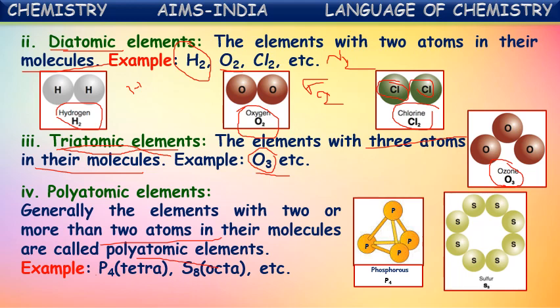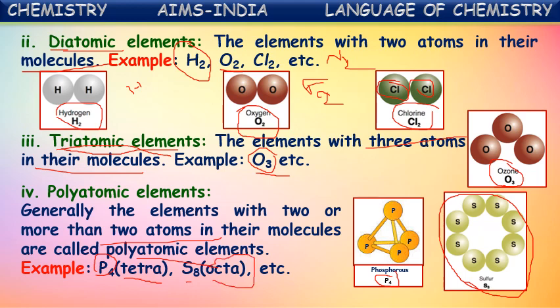See, P4, phosphorus. P means phosphorus. Four phosphorus atoms can combine and form a molecule. This is called the phosphorus molecule. Four are combining, it is called tetraatomic. Sulfur, eight atoms of sulfur combine and form the S8 molecule. 8 means octa. This is octaatomic.